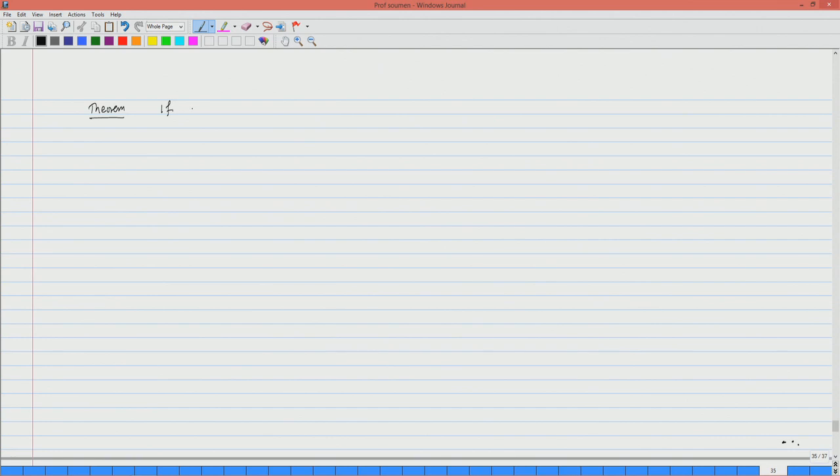Theorem: if G is a graph without isolated vertices, then alpha prime G plus beta prime G is equal to n, where n is the number of vertices in the graph.